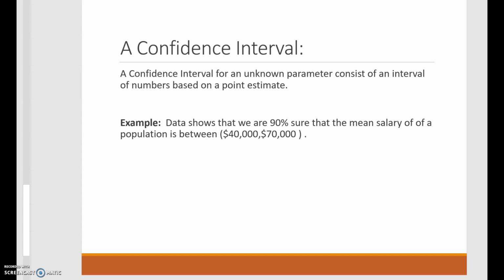So within a 10% error, we can "guesstimate", in this case estimate, that the mean or the average for the population is between those two. So all of the confidence intervals will have some sort of an error, and this is because you only have a point estimate, which is technically the mean of the sample.